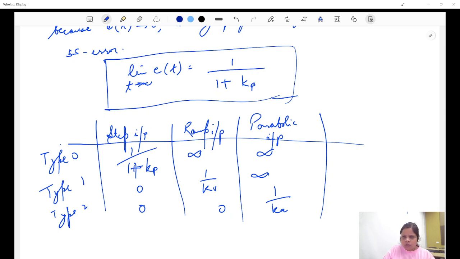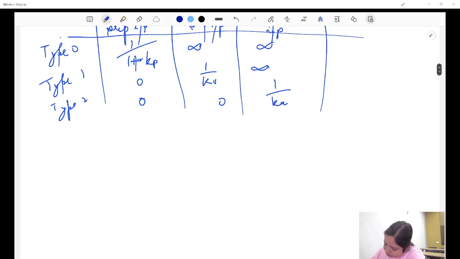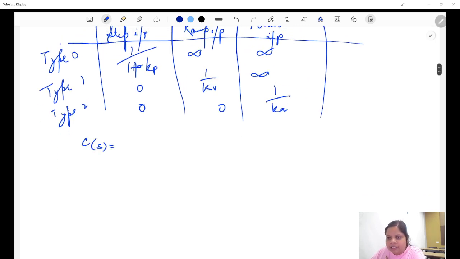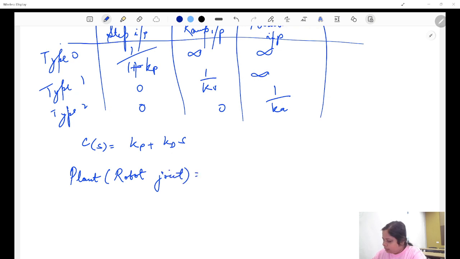Yeah. So let's say my controller here is given by Kp plus Kd s. If I convert it into Laplace domain, it is just a PD controller. Okay. Your plant, as in the robot joint about which we are talking, is given by P(s) equal to 1 upon Js squared plus Bs.